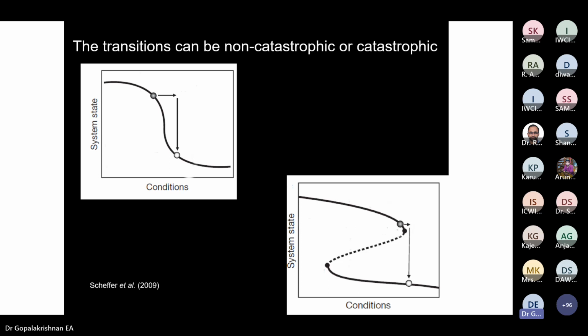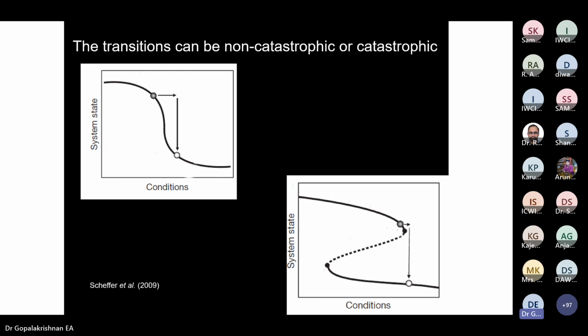The system transits and comes to an alternate state. But if you remove what is responsible for this change, or revert it, then you will go back to your original state.